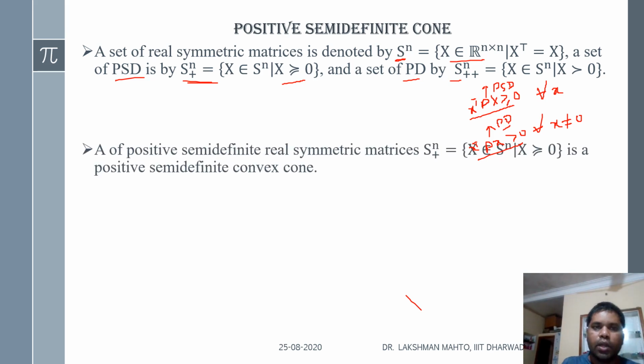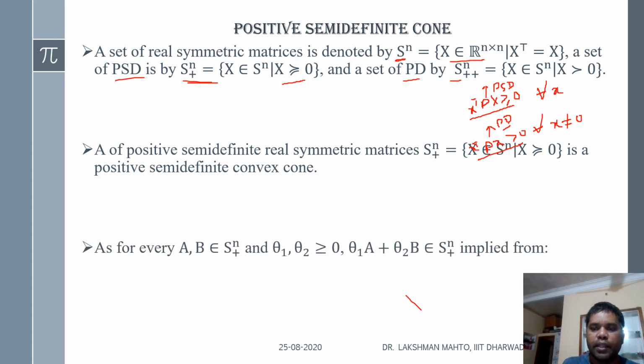Okay, so we have already defined the class of symmetric matrices, the class of positive definite matrices, and the class of positive semi-definite matrices. Now I am coming to define the positive semi-definite convex cone. It is defined in terms of the class of positive semi-definite matrices. If you want to look into the proof, there is an algebraic proof.